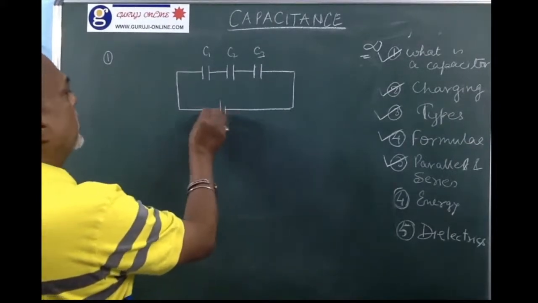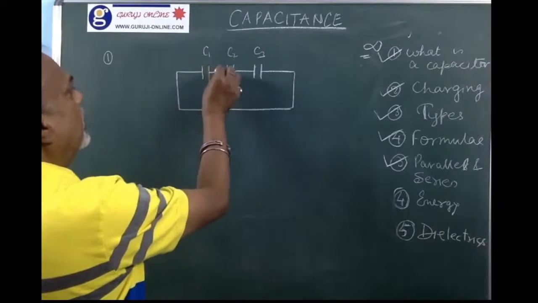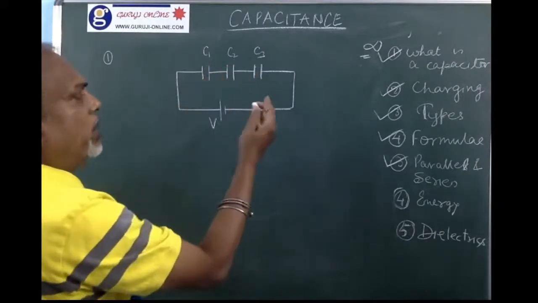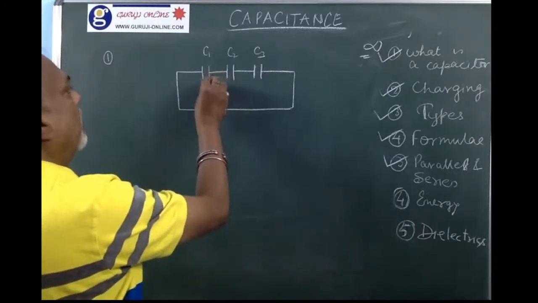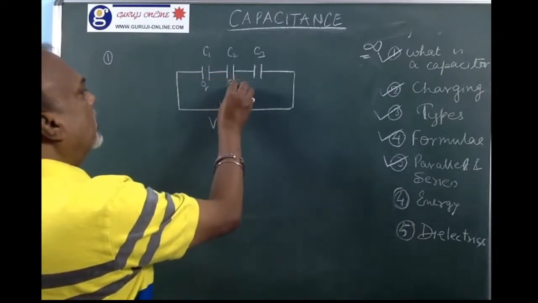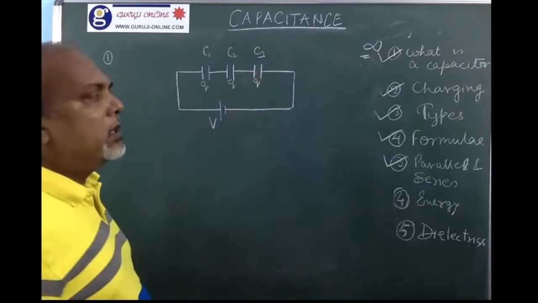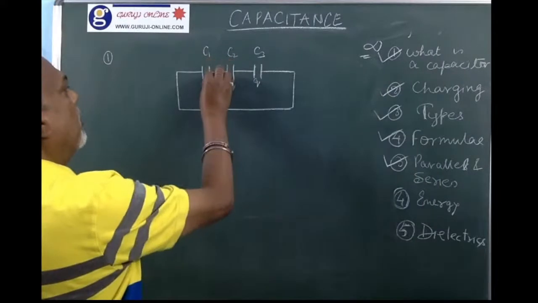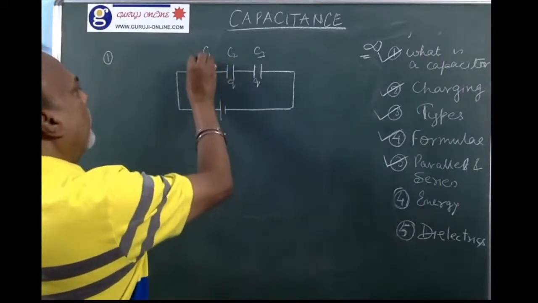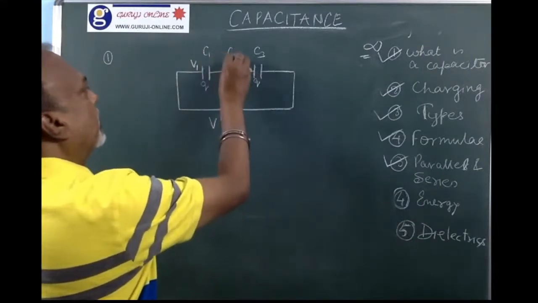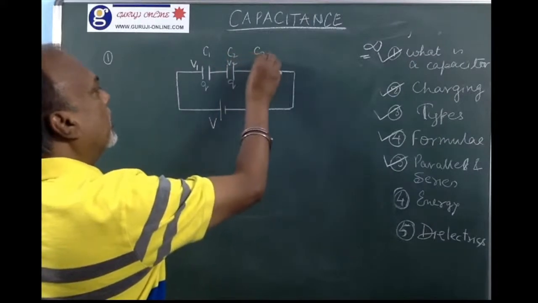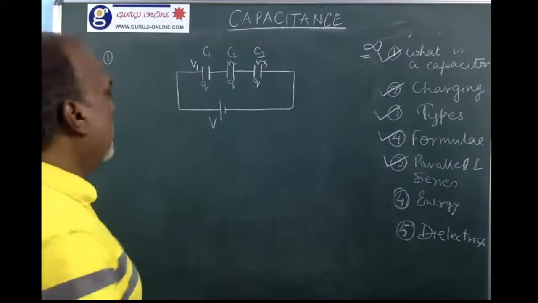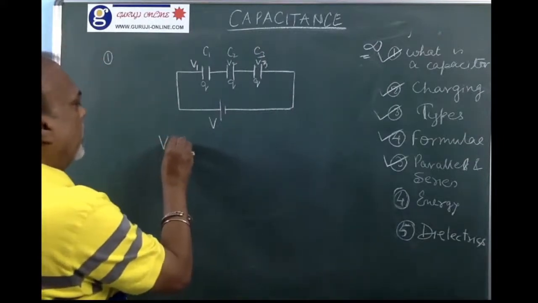Naturally, this terminal is connected here, then different terminals, so it will have different voltage but the same charge. The charge will flow the same, but voltage will be different here.